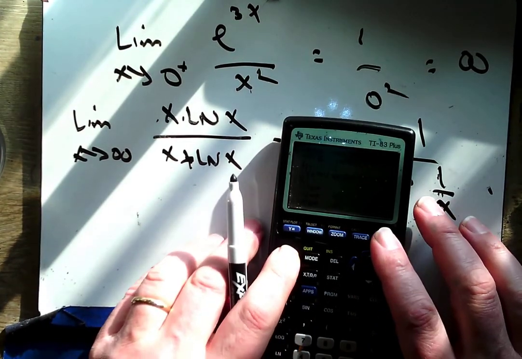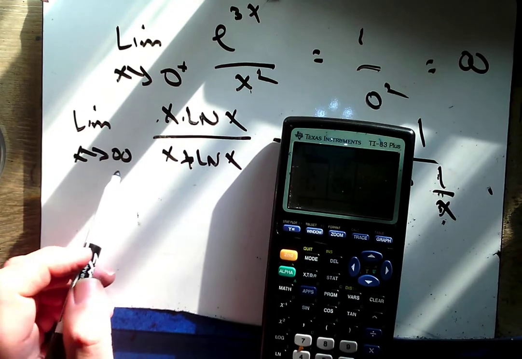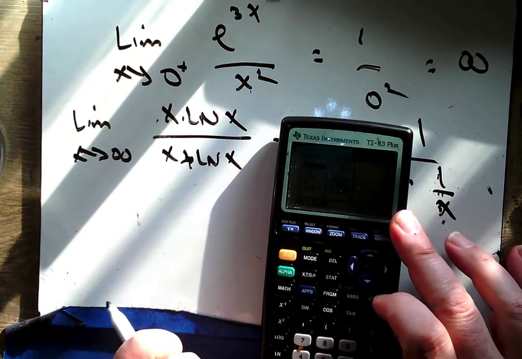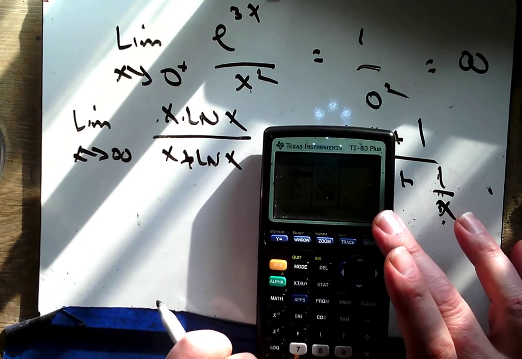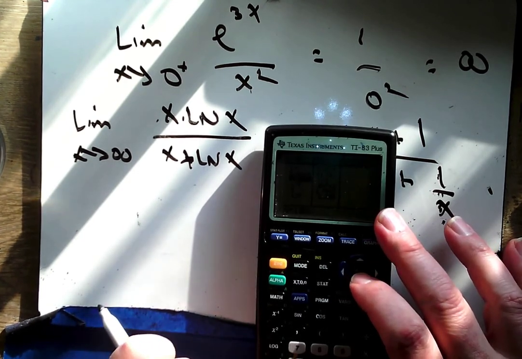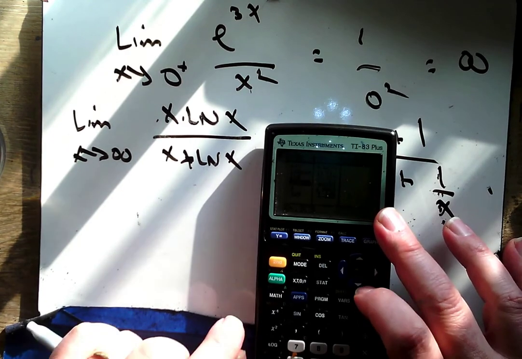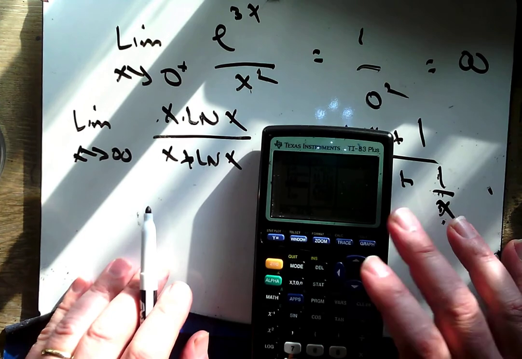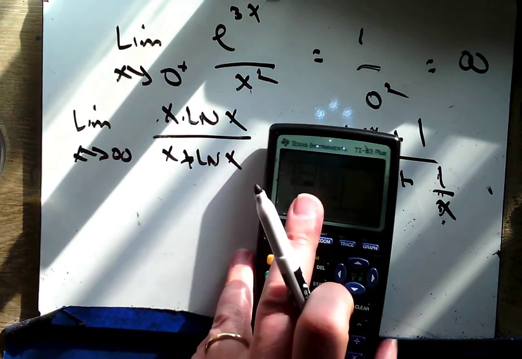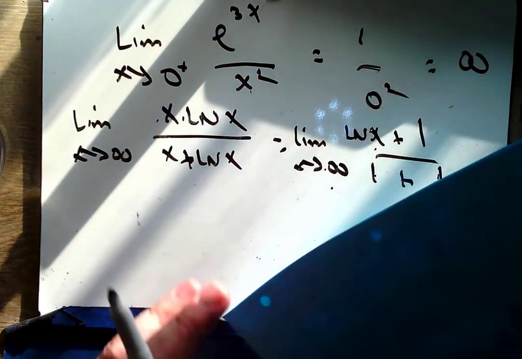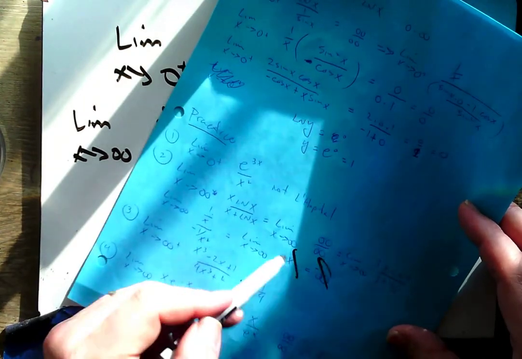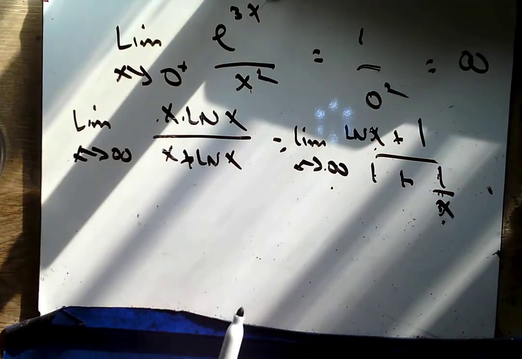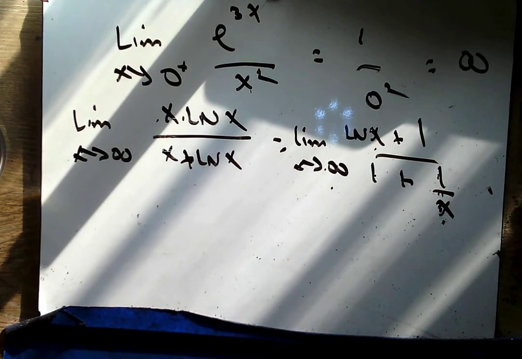Okay, and I want to know what happens as x heads towards infinity. Yeah, the values are getting bigger and bigger and bigger. The values are headed towards infinity. So I actually think my notes were wrong. Hold on while I cross out some stuff. Yeah, this is infinity over 1. Good. Okay, I like learning.